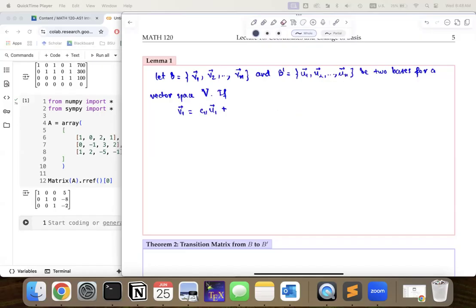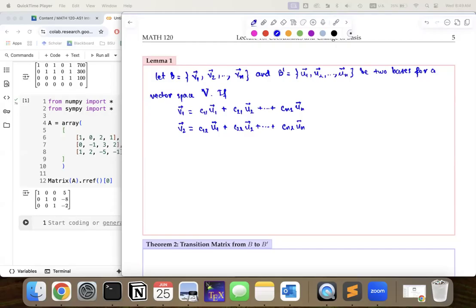So V1 is equal to C11 times U1 plus C21 times U2 plus up to Cn1 times Un. If you notice, this is not usually what we write, but at the end of the day, everything's going to be fine. So V2 is equal to C12 times U1 plus C22 times U2 plus up to Cn2 times Un.